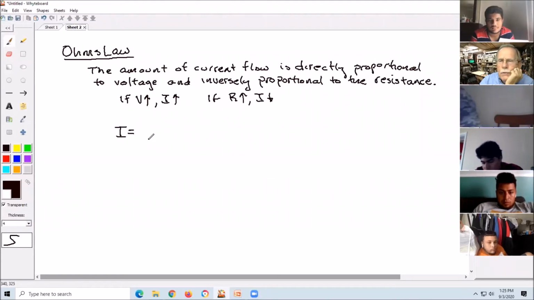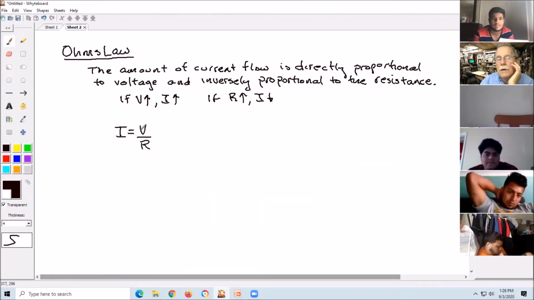Both on the top, both on the bottom, one on the top, one on the bottom? V over R. So either you knew that or you figured it out. Let's think about it. If I have a fraction and I make the numerator of a fraction go up, make the numerator of the fraction bigger, what does that do to the value of the fraction?